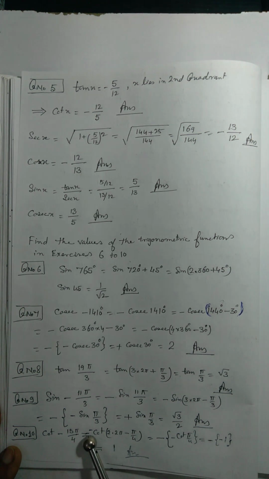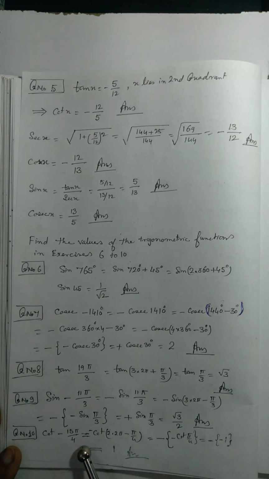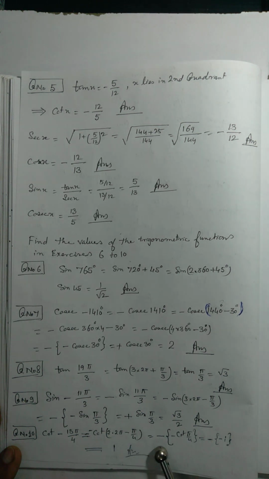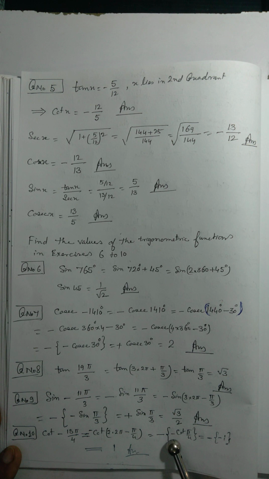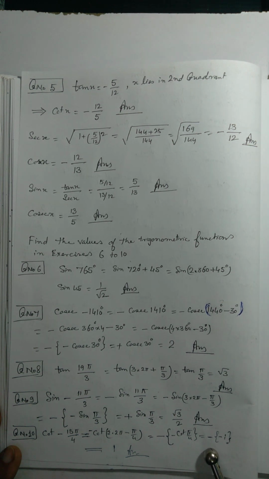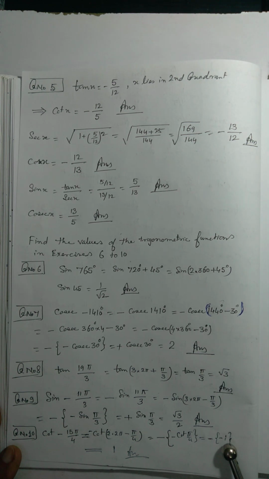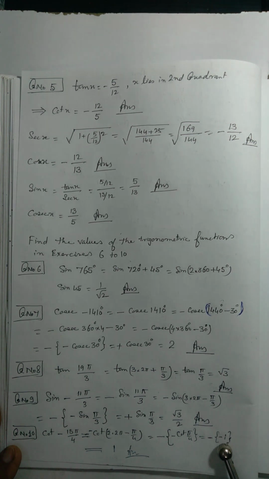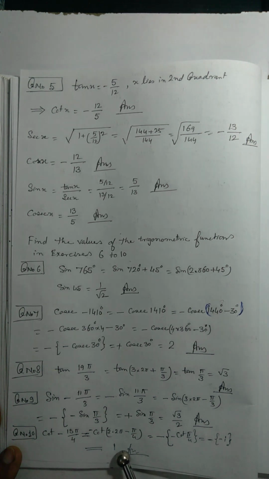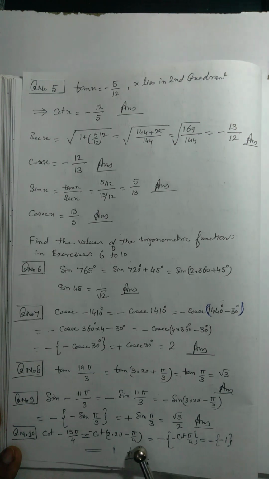But here I have applied the formula cot minus theta is equal to minus cot theta. So minus into minus cot pi by 4, that will become minus into minus plus 1 आ जाएगा आपका. So cot minus 15 pi by 4 is equal to 1, and this will be the answer of question number 10.